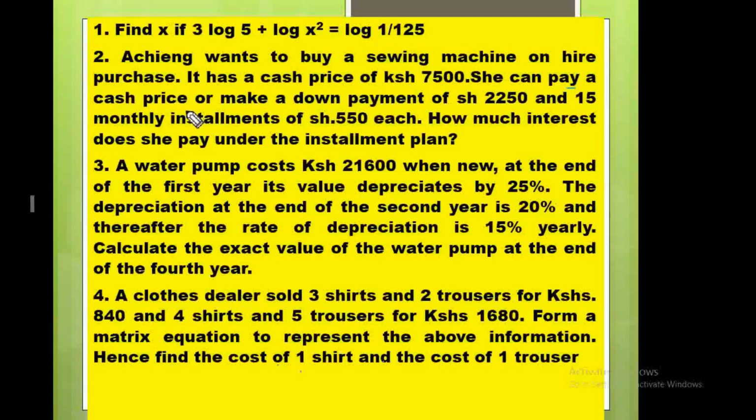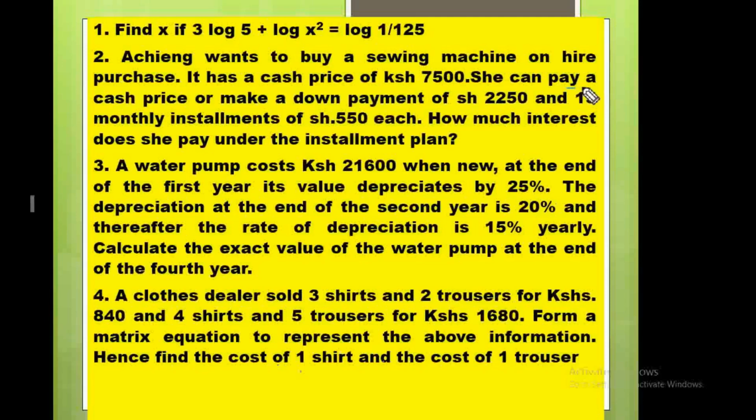Write it down. Then question number 2 we have: Achieng wants to buy a sewing machine on hire purchase terms. It has a cash price of 7,500 Kenyan shillings.